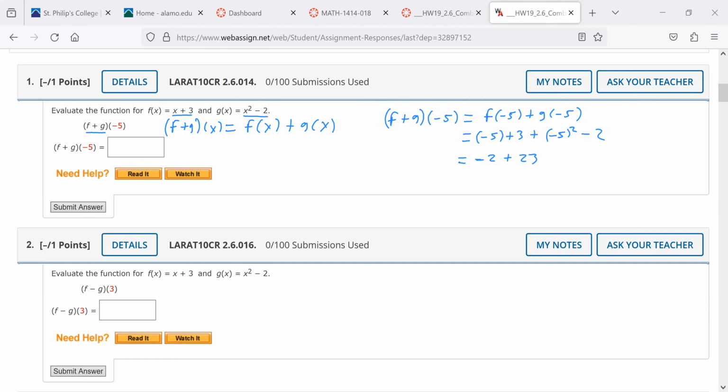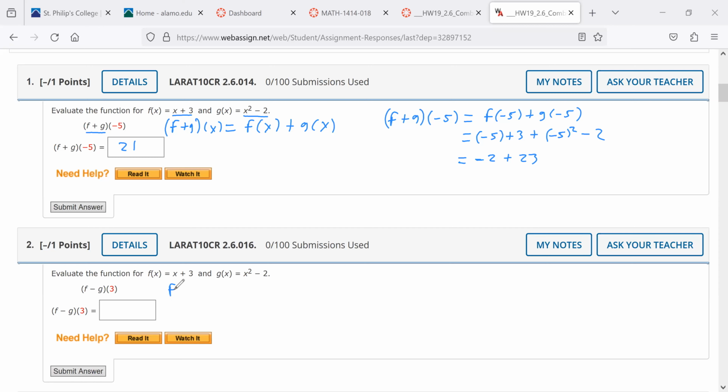So our answer will simply be 21, right? Well, that's all this notation means. Same thing for this guy, the minus, it's just a minus version.